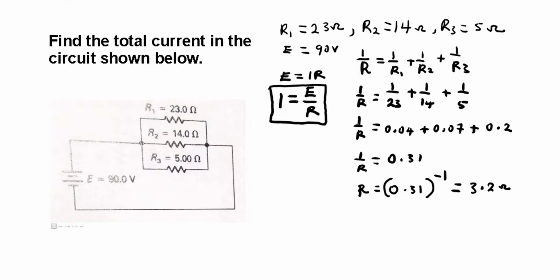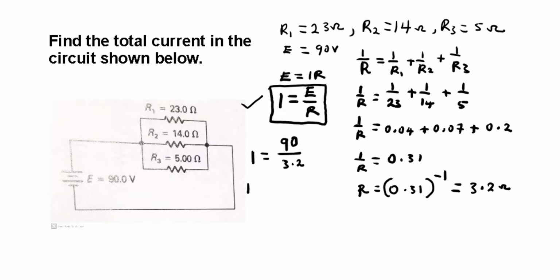Then, since we have gotten the effective or the total resistance in the circuit, let's now go ahead and use our formula. The current is equal to the EMF, which is 90, divided by the total resistance in the circuit, which is 3.2.